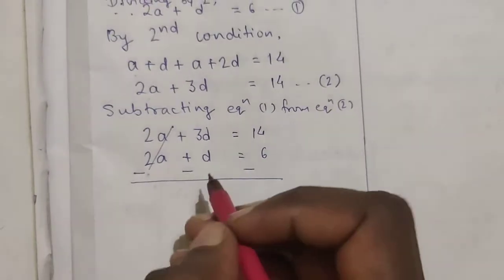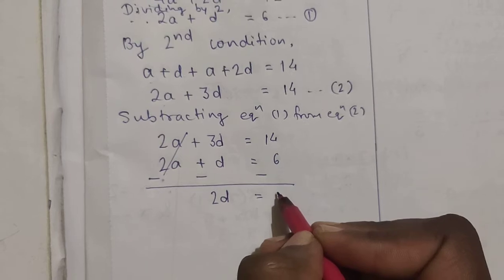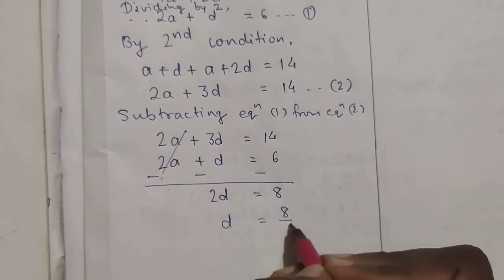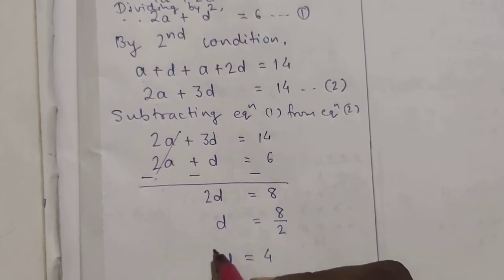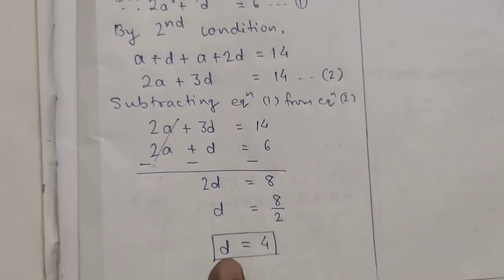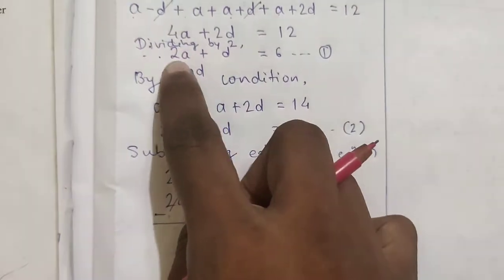This is 3D minus D, and 3D minus D becomes 2D, and 14 minus 6 is 8. So D equals 8 upon 2, and finally you are going to get D equals 4 in this case.